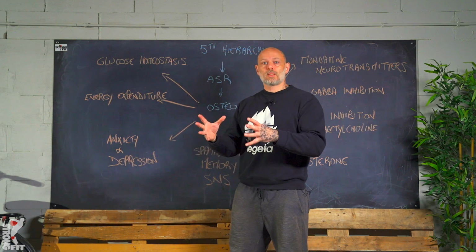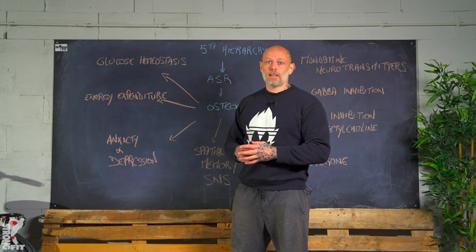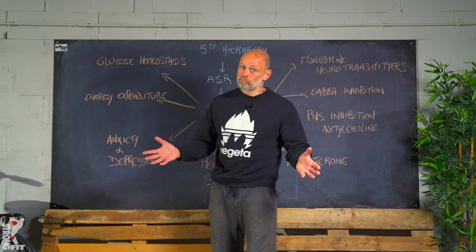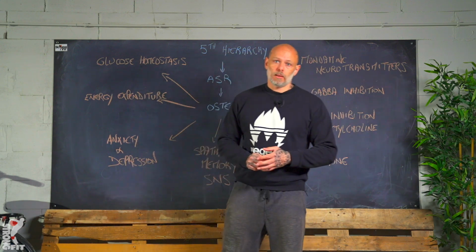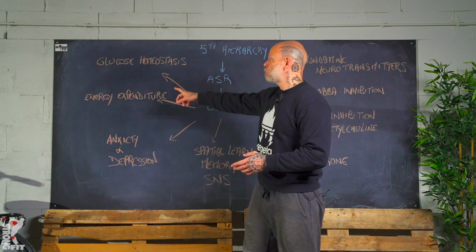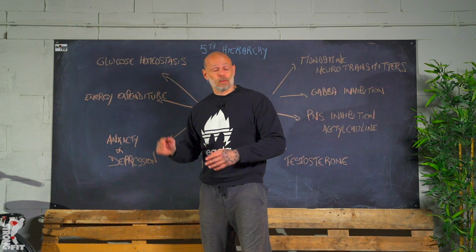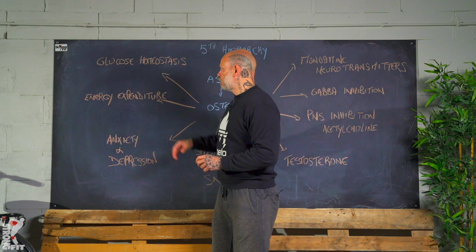We see also resistance to the formation of fat. So the mice with high osteocalcin are leaner even with the same amount of food given. Pretty important, right? We see an increase of energy expenditure in those mice. So what does that mean? That means the sympathetic is kicking up. That also means the parasympathetic is being kicked down, which we're going to see here. That matters for something else. So that's a pretty big one.